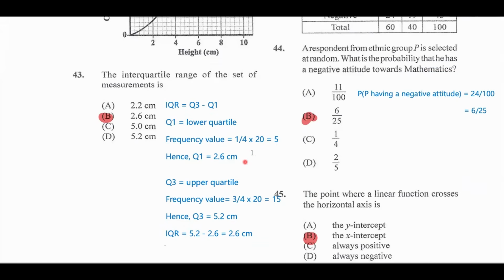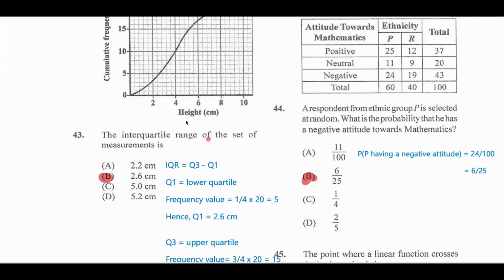A quarter of 20 is 5. So we look for 5 plants, go across and come down, and we'll get 2.6 cm. Again, each block is 0.4, because 2 divided by 5 is 2/5 of 0.4. So between 2.4 and 2.8, when they come down, they get 2.6.